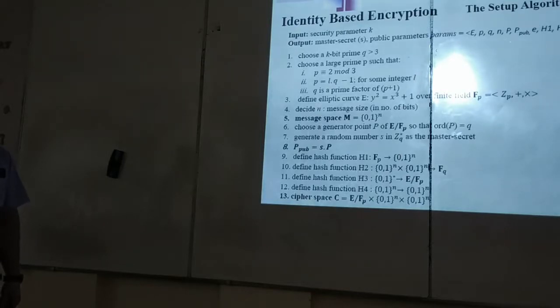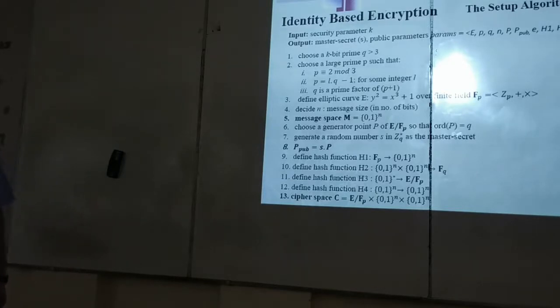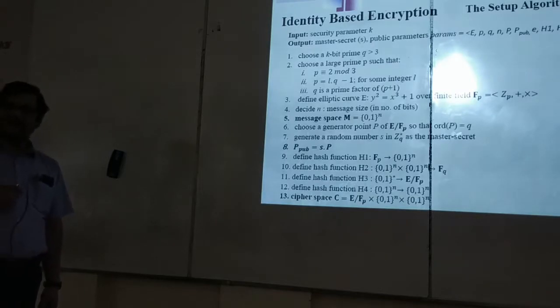P is the generator point of the elliptic curve. e is the bilinear map that you have chosen. And H1, H2, H3, H4 are 4 hash functions. What these hash functions are, I am coming to later. And M is the defined message space and C is the defined cipher space.